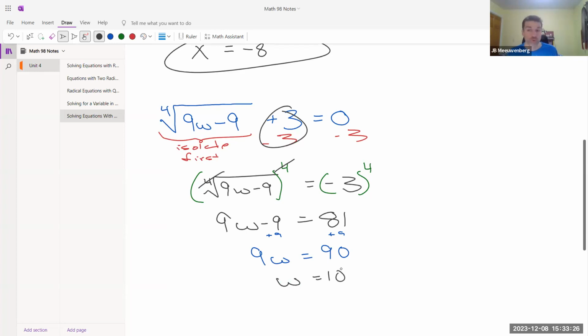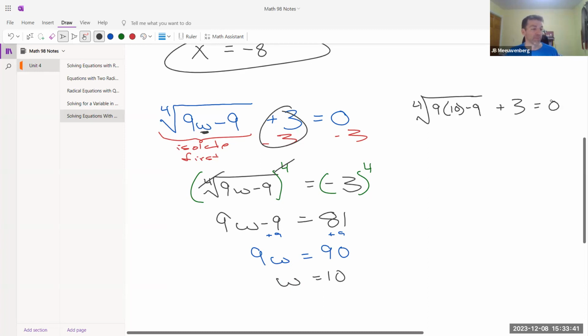We always want to check these, so we would go back to the beginning, take our fourth root of 9 times 10 minus 9, because we would substitute 10 in for w, plus 3 is equal to 0. We would work out what's inside the radical, which is 90 minus 9, then plus 3 equals 0.